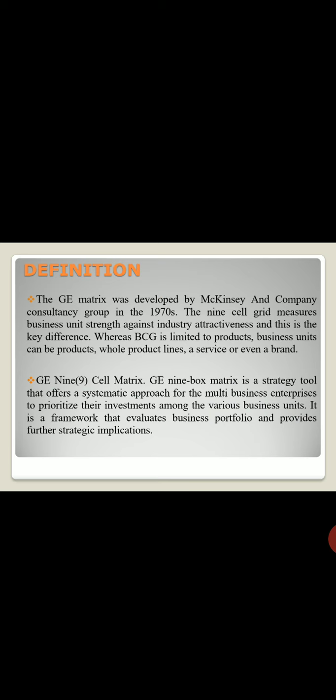The GE 9 cell matrix is a strategy tool that offers a systematic approach for a multi-business enterprise to prioritize their investments among the various business units. It is a framework that evaluates the business portfolio and provides further strategic implications.